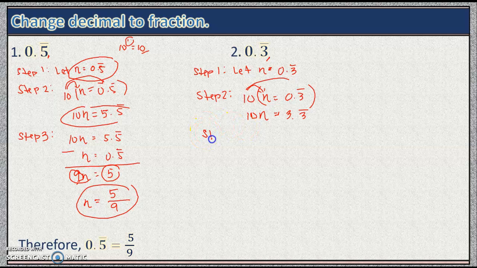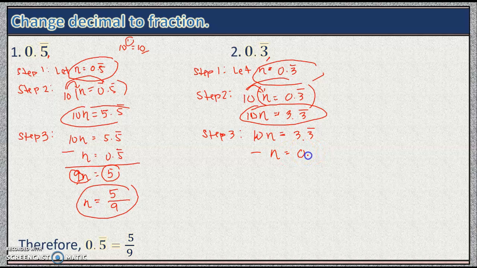Step number 3. Copy step number 2: 10n is 3.33333 minus step number 1, where n is 0.3. So 10n minus n is 9n.